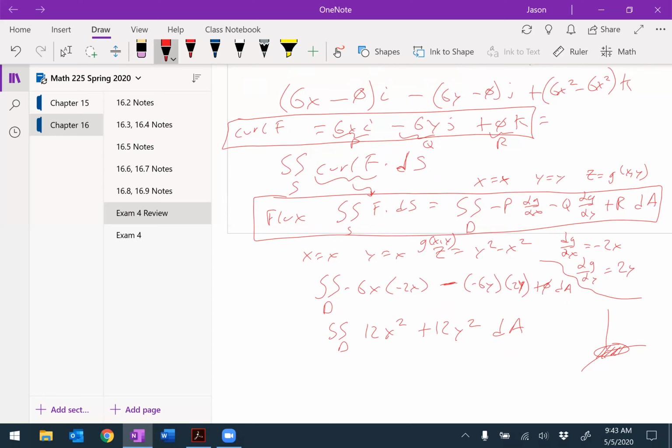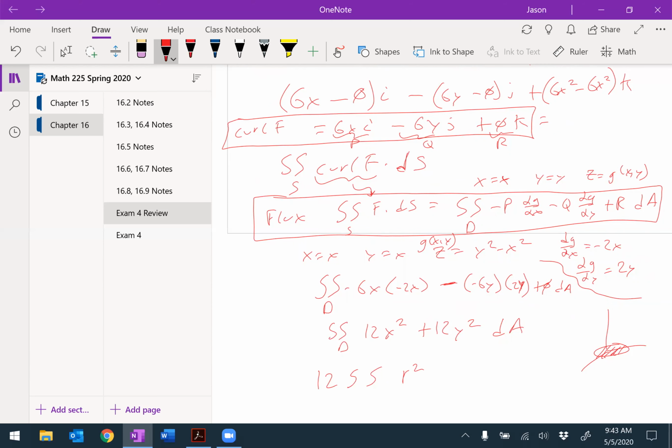And for circles, I'm going to change to polar coordinates, right? I'm double integrating over a circular area, so I'm going to want to change it into polar coordinates. Well, this is really nice because x squared plus y squared becomes r squared. Wasn't that sweet?